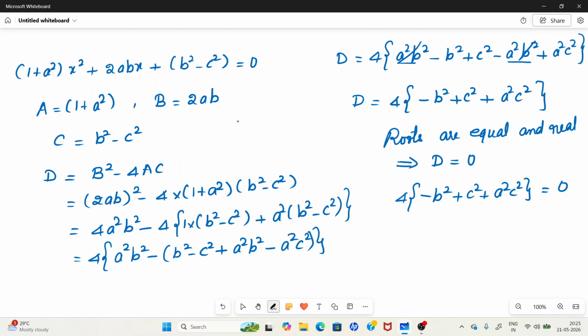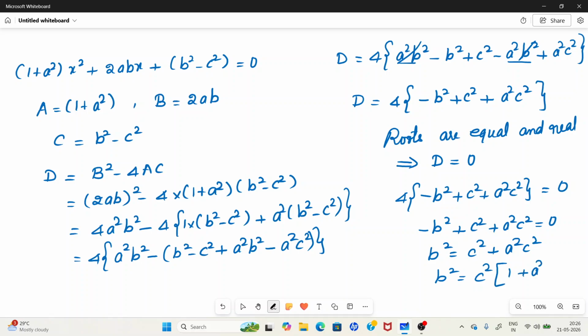So −b² + c² + a²c² = 0. So b² = c² + a²c². So b² = c², we can take common, that is (1 + a²).